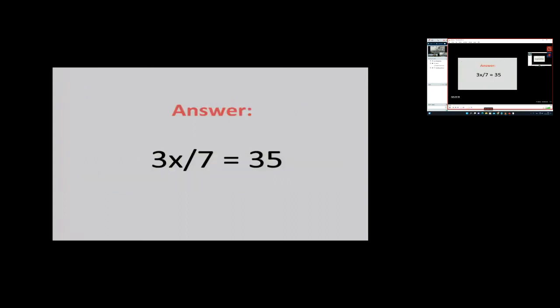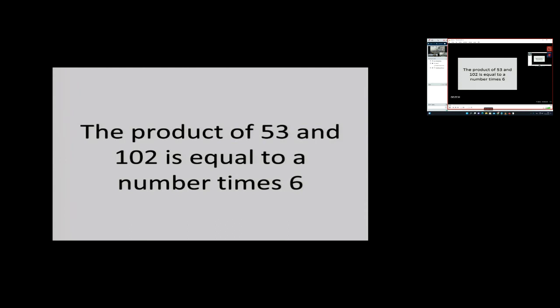Understand? Can you please try this? The product of 53 and 102 is equal to a number times 6. Who can write the answer on the board? Anyone? Any volunteer from 1/5? I think 1/5 are smart enough.